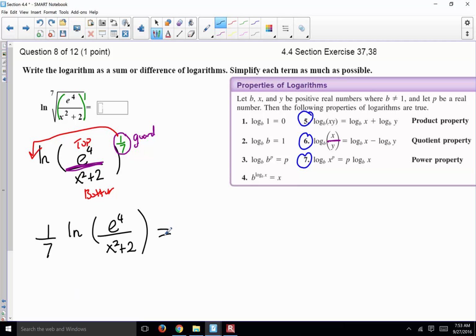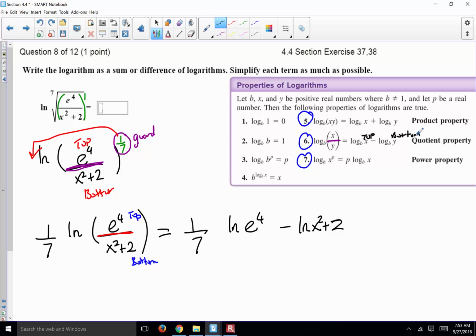Now we can do Matt's idea and separate this division into top and bottom with 1/7 in front. It's ln of the top minus ln of the bottom. That's what the rule says, right? Top goes first, bottom goes second.